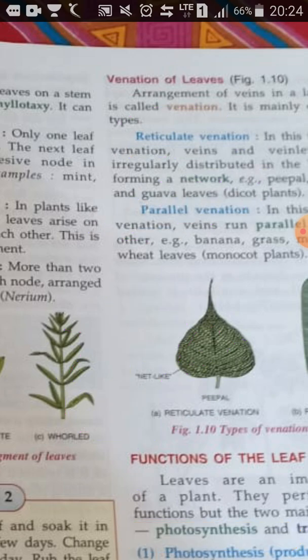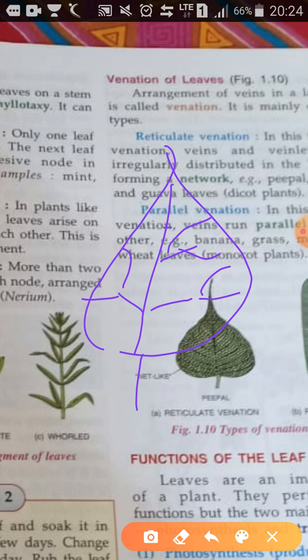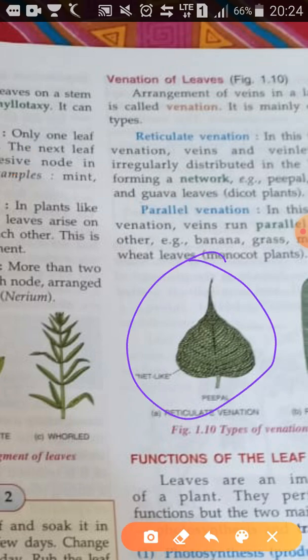And reticulate venation means what? Reticulate venation means somewhat like this, which has no particular pattern. They might grow out like this, where the veins branch out into further small structures called veinlets. This picture is an example of reticulate venation.